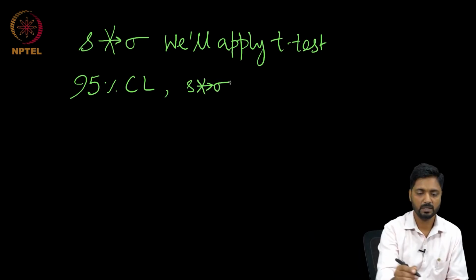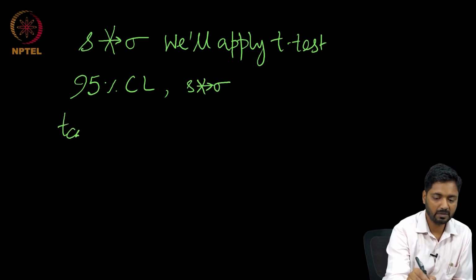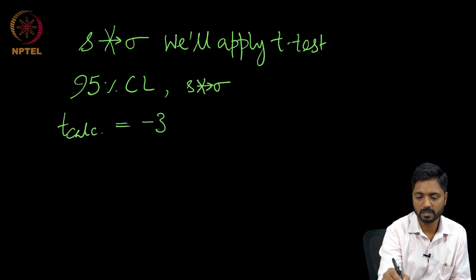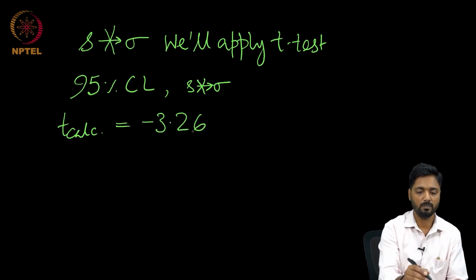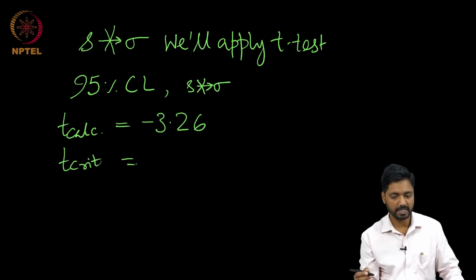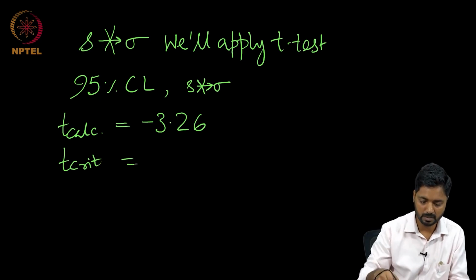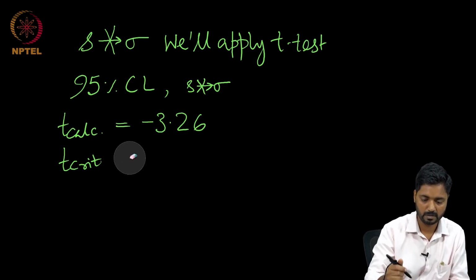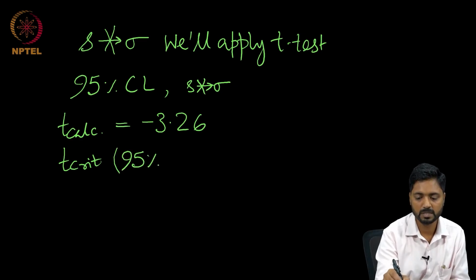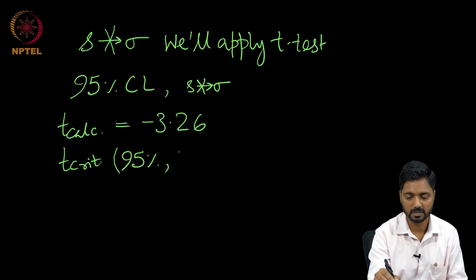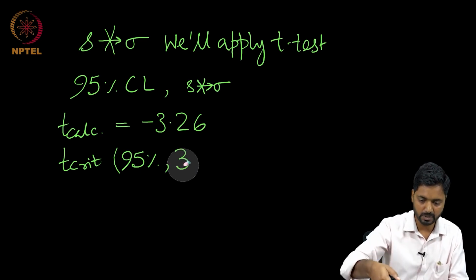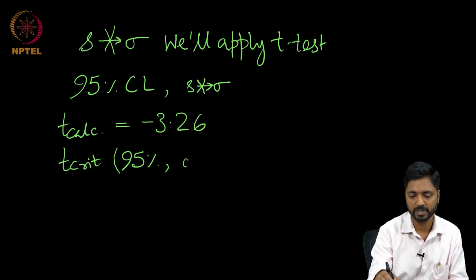In that case, our t calculated would be still minus 3.26, but the t critical value would take into account the confidence level as well as the number of readings in terms of the degrees of freedom.